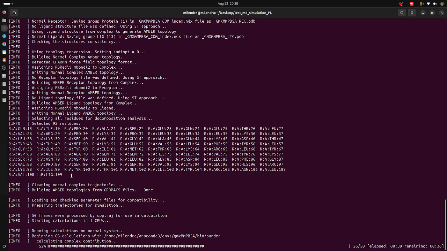So there are 92 residues in the protein, and this is the ligand, right? It will use one CPU for the GBSA calculation. Just wait for some time.